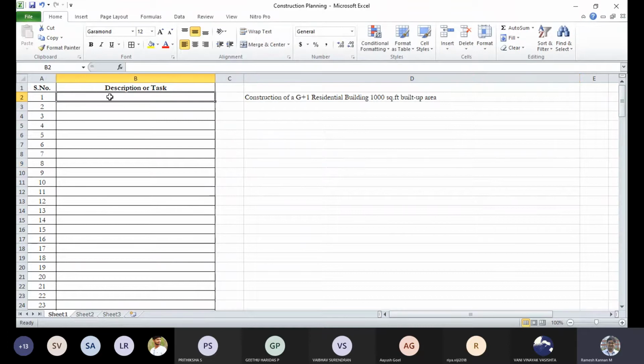So what will be the first step? First step is drawing layout, something like preparing drawing layout. Then seeking approval from domestic agencies, or you can even put domestic government agencies.